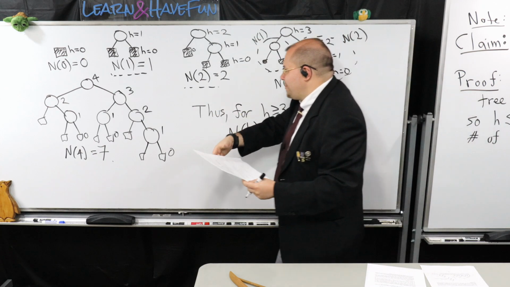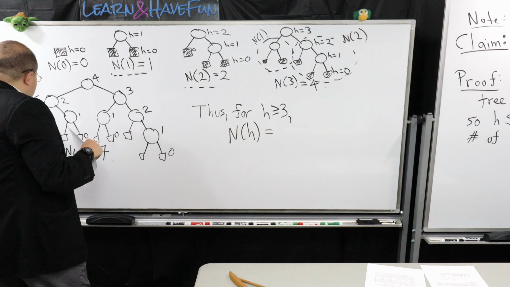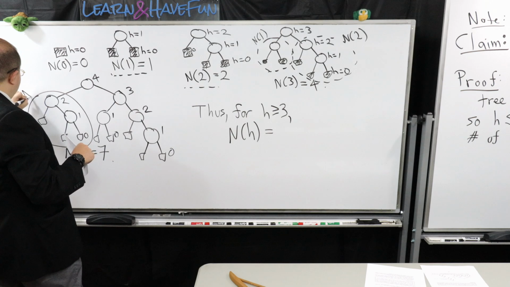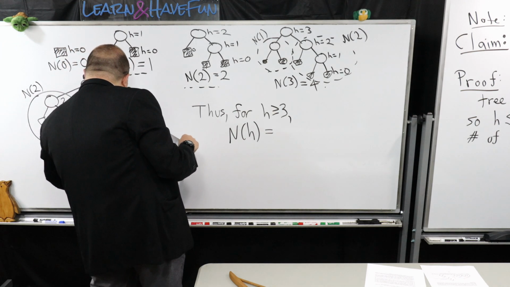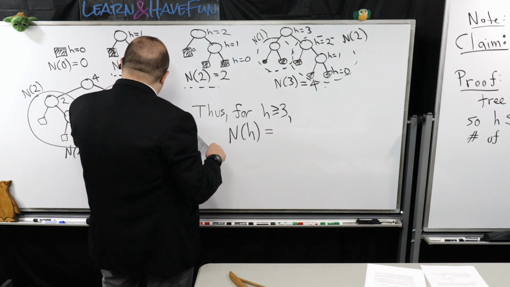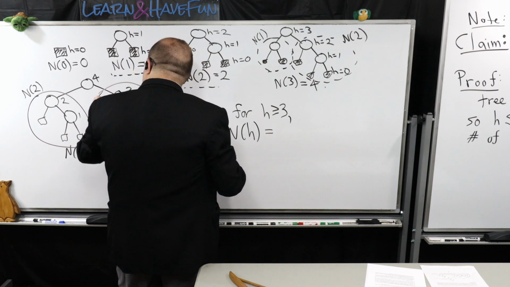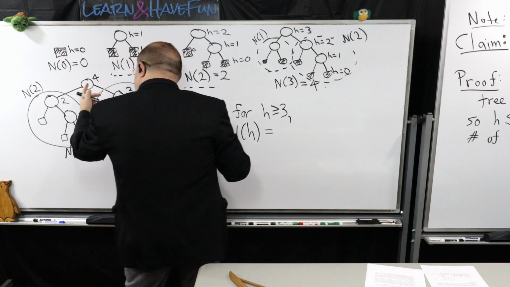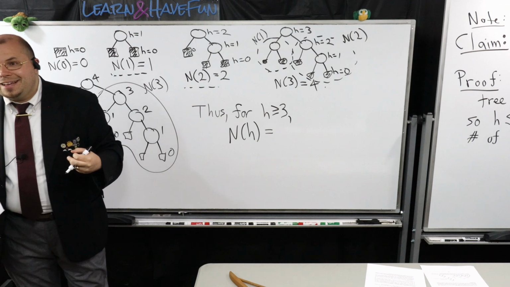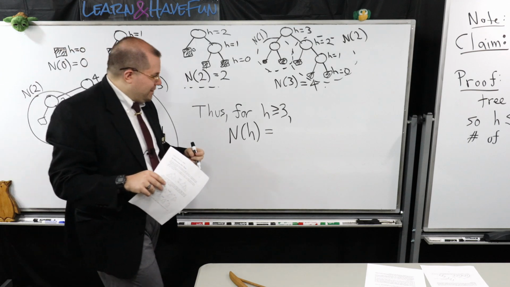Just like I have over here. This is the drawing I had for n of 2. This is the drawing I had for n of 3. So I have n of 2 result plus n of 3 plus 1 for the new internal node I add in. Yes, exactly. That's exactly what I'm looking for.